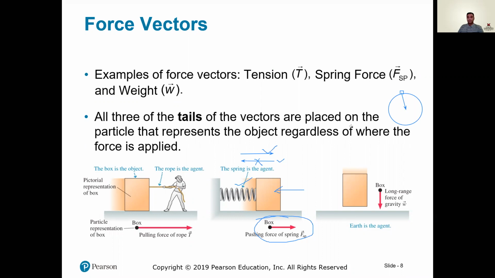It's a force which has a special name, and we call it weight. Eventually, we're going to see the formula for it, but for now, you need to remember the symbols. Weight is W, spring force is F sub SP, and tension is uppercase T.